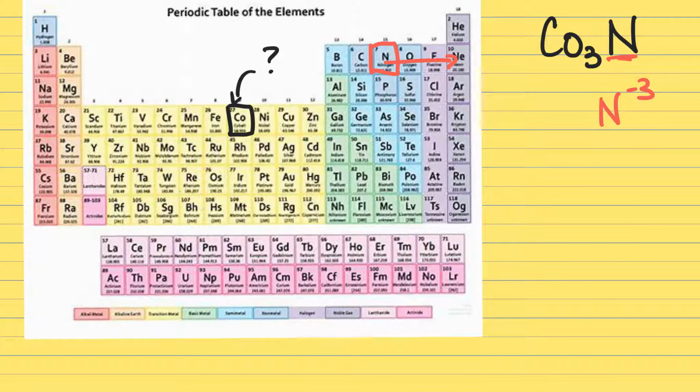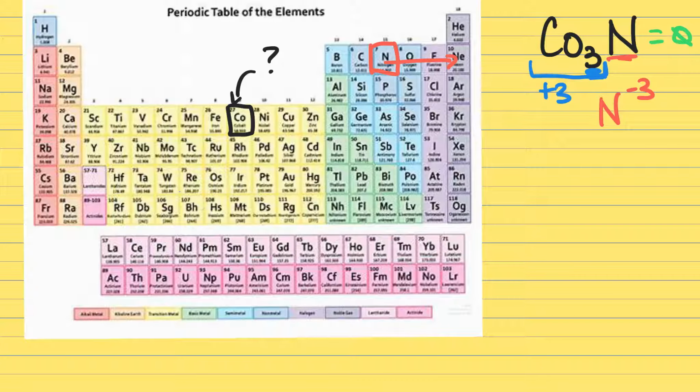If that's the case, the charge of nitrogen is -3, and if the overall compound has a neutral charge, okay? So that simply means that one nitrogen is -3, and that all the cobalts combined, all 3 of them combined, has to give you a +3 charge, okay?